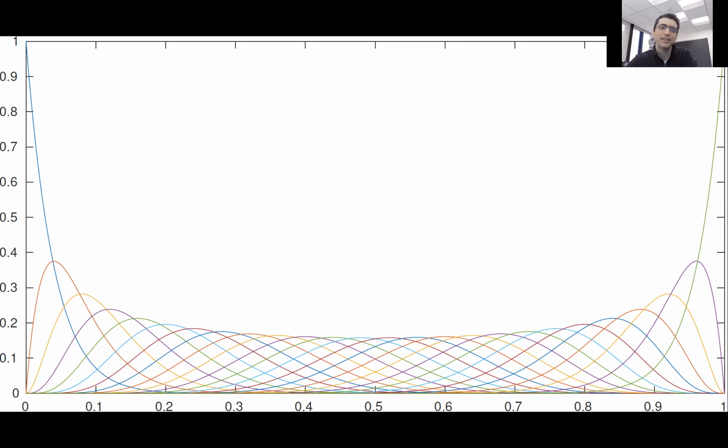I mean, they all have support the entire unit interval, but they can be approximated by a Gaussian function, by the Laplace approximation, and based on that approximation, one can claim that numerically speaking, they overlap with the neighboring square root n polynomials.